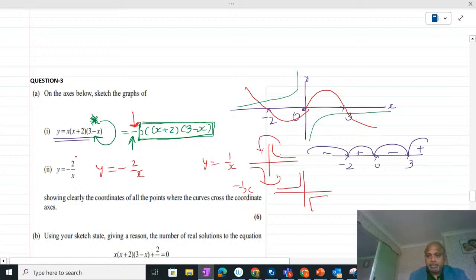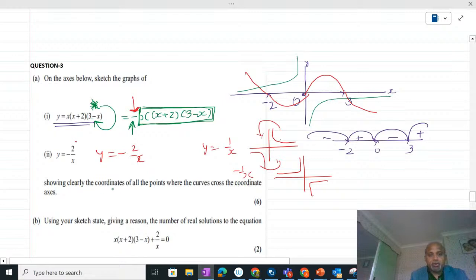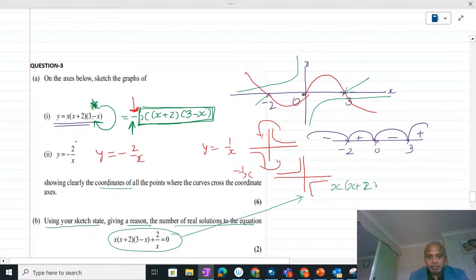Now they are saying to show clearly the coordinates of all the points. So the coordinates of the points here are 3, 0 and minus 2, 0, which we have already mentioned. And using your sketch, give a reason for the number of real solutions to this equation. If you see this equation, what is written here? It is x plus 2, 3 minus x, plus 2 over x equal to 0. So we can also write x plus 2, 3 minus x equal to minus 2 over x.